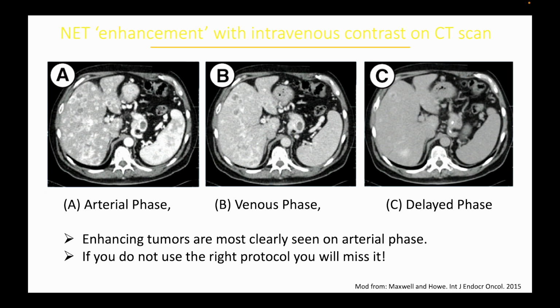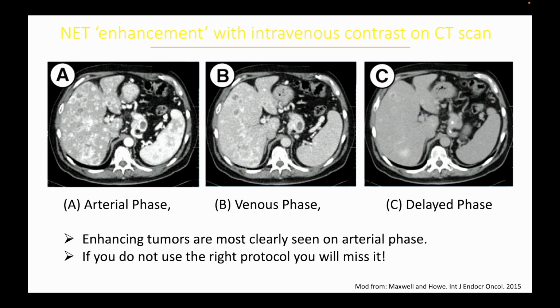Enhancement means that shortly after, within 1 minute of the injection, that intravenous contrast is shooting through the liver, and all of the whiteness that you see here, the white blobs here, are tumors that are enhancing.